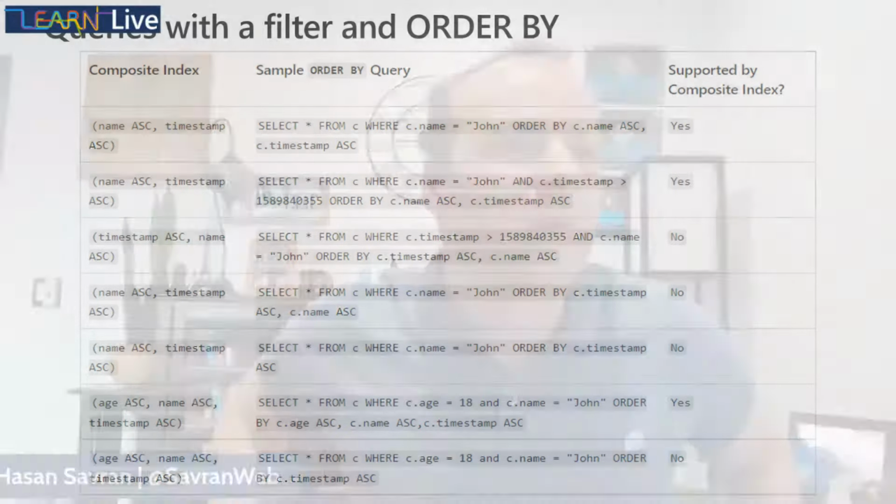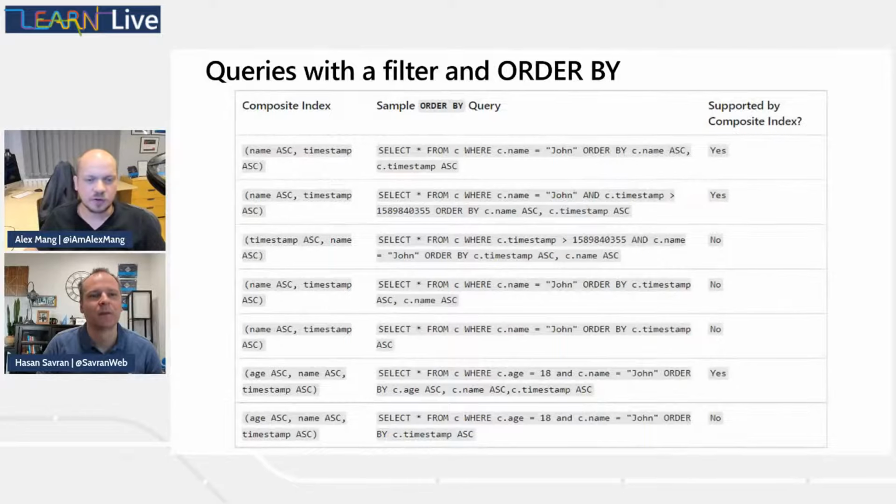And also, I want to add, Cosmos DB is a much newer database engine than SQL Server, so I'm sure this is going to get much better. But for now, we have those rules that we need to follow for composite index to work. Generally speaking, there are only like 4 rules anyway, and definitely there is room for improvement in the experience.